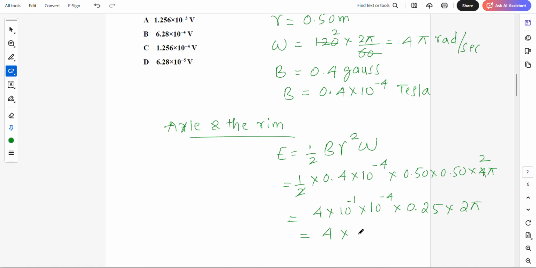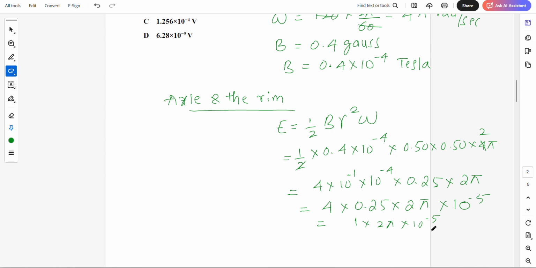That is 0.25 into 2 pi into 10 to the power of minus 5. How much is 4 into 0.25? 4 into 0.25 will be 1. 1 into 2 pi into 10 to the power of minus 5.